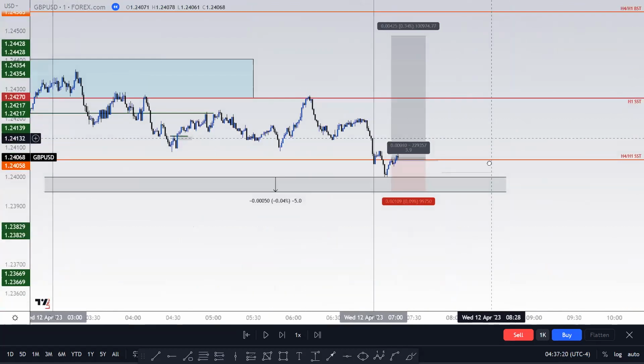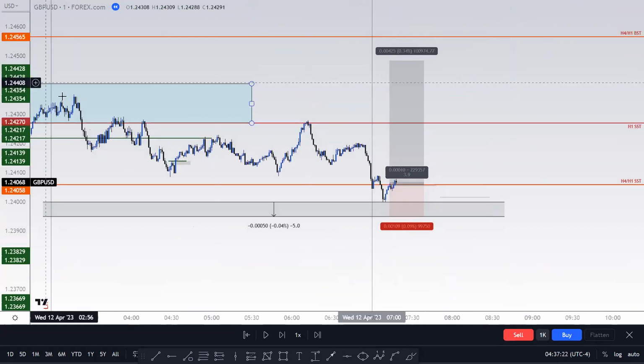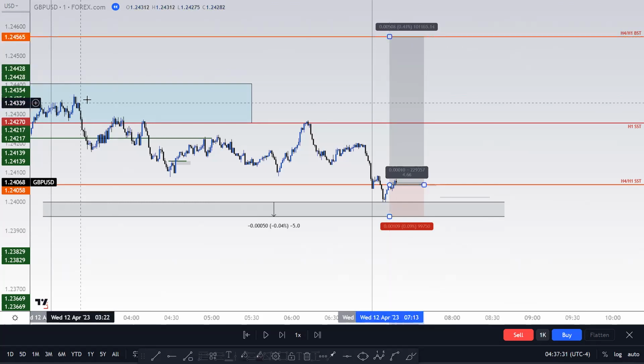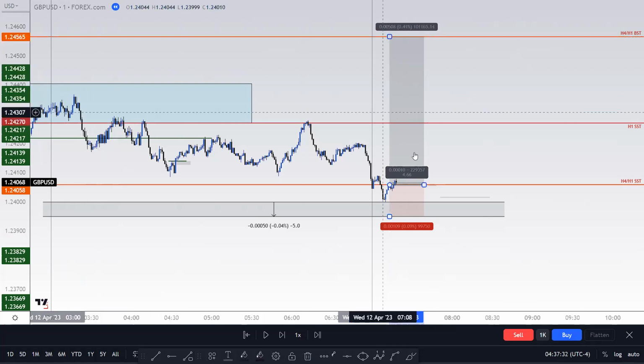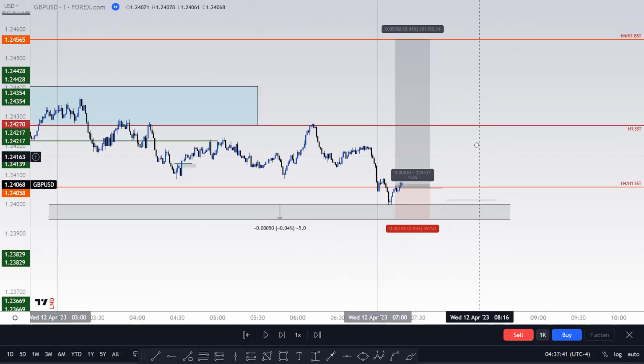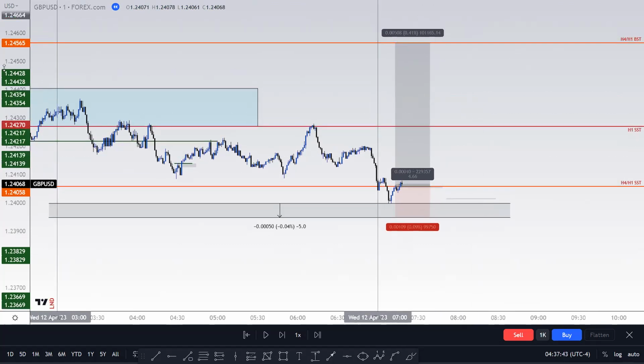So what I did was, rather than setting my first profit target at the high of the Asian range, I set my first profit target at the H4 buy side target. And I deleted my second profit objective, so for the second order. The reason being, if price was going to deliver in a way that I anticipated, I was ready to leave my position running overnight.